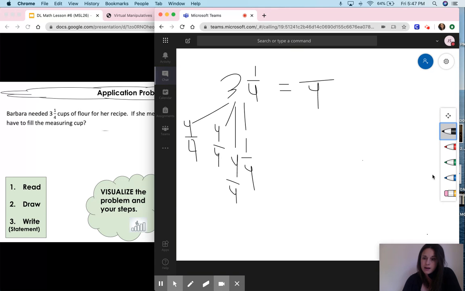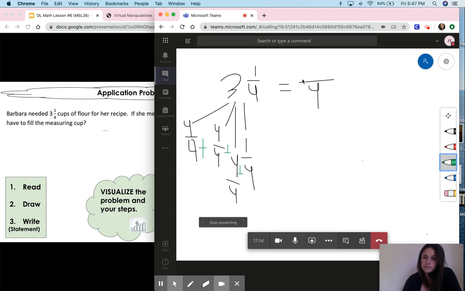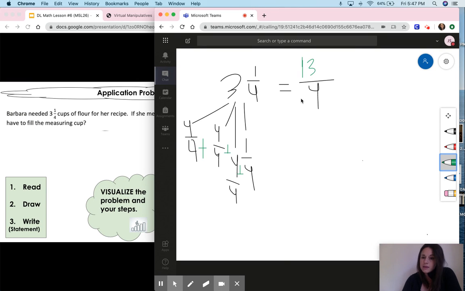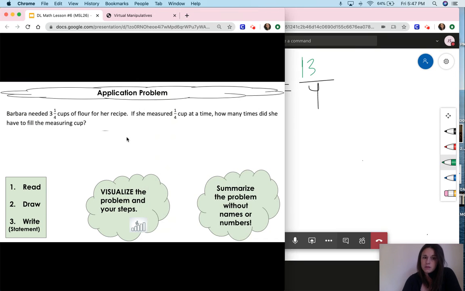Now I've got to figure out my total numerator. How do I do that? I've got to add these guys all up. 4, 8, 12, 13. 13 fourths. So what does that mean back in our problem? If she measured 1/4 cup at a time, how many times did she have to fill the measuring cup? Did we figure that out?